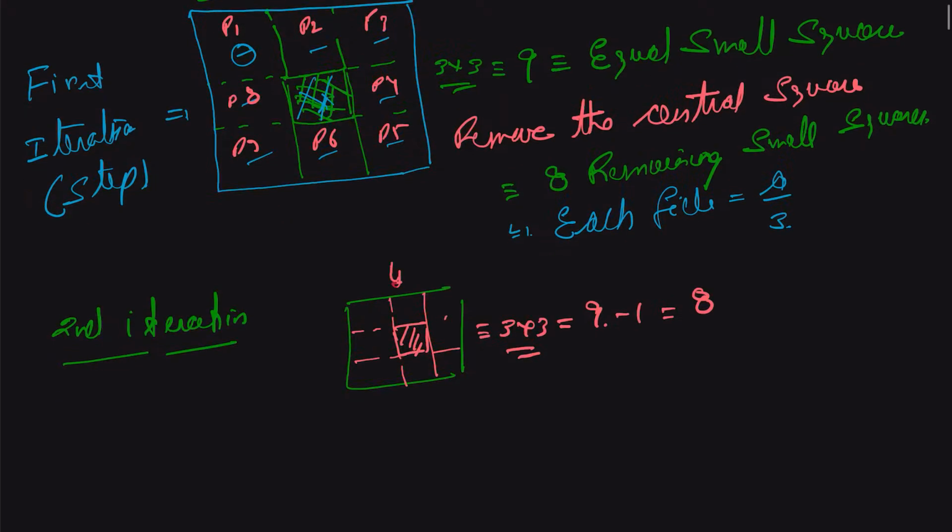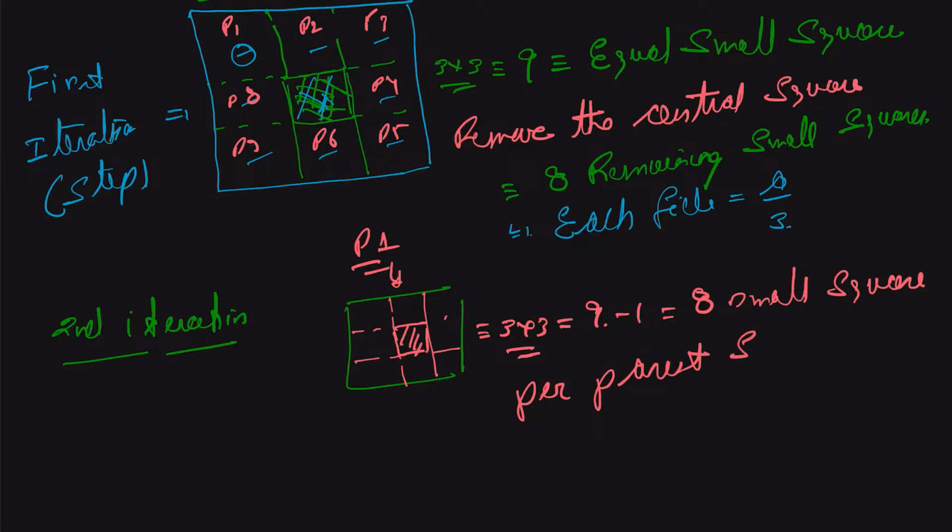So for parent square number 1, we are going to get 8 small squares per parent square.